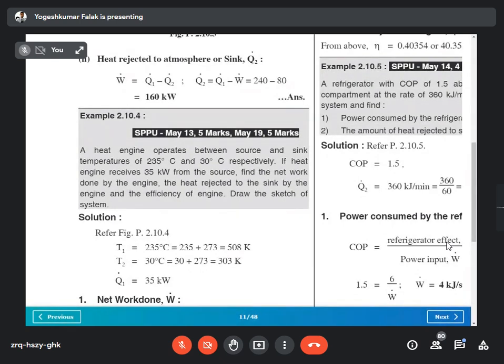So from these equations of T1 and T2, that is 1 minus T1 by T2, you get an efficiency, right? Let's check the solution. Don't worry about that.